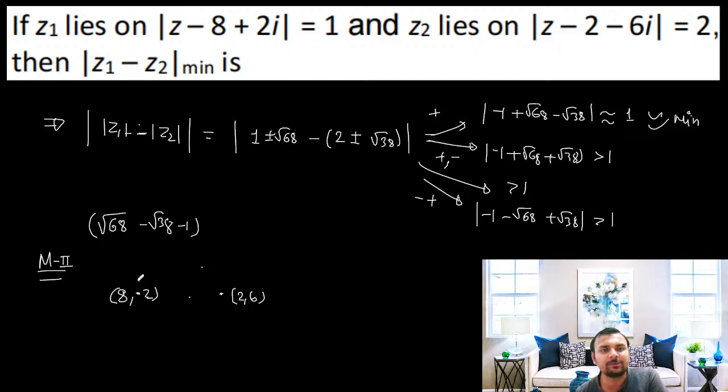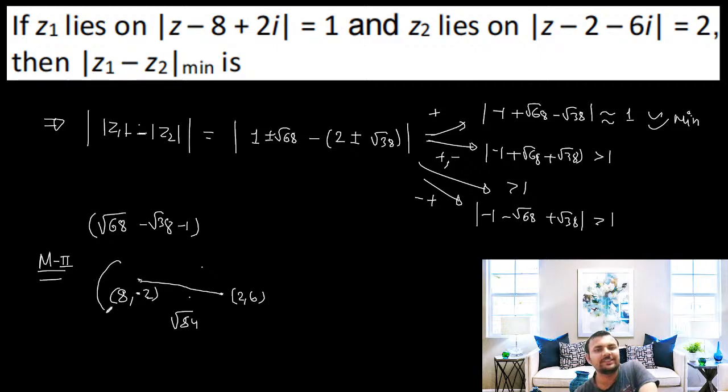The distance between this center and this center is 36 plus 48, which is root 84. The distance between them is root 84.